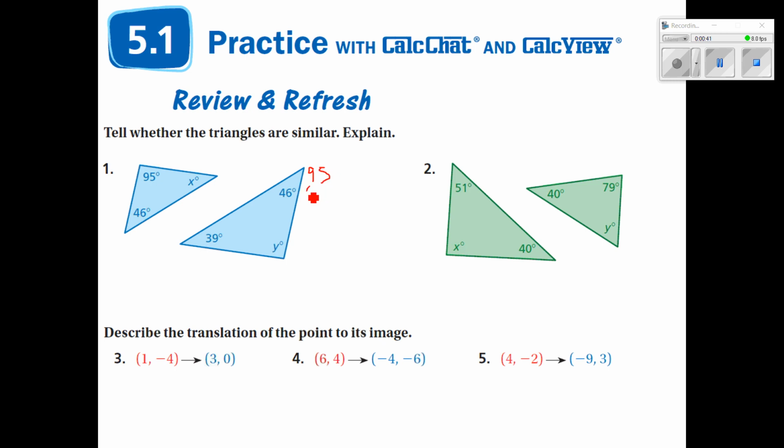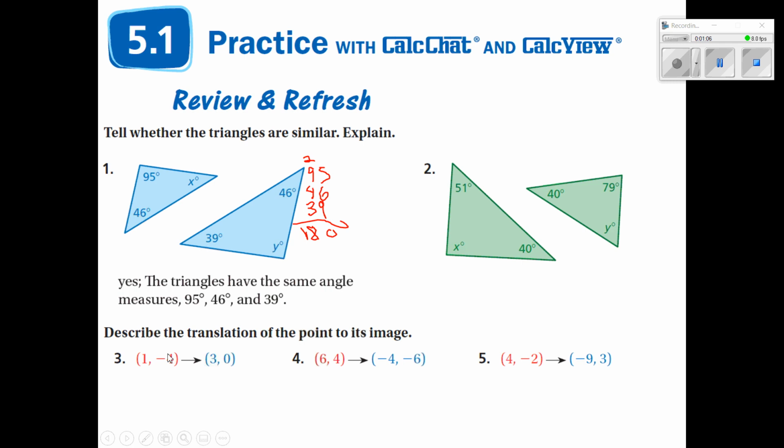Notice I'm not going to put 46 in there twice because we know that these two are similar. When I add them together, I get 118, which tells me they equal 180. These triangles are similar.